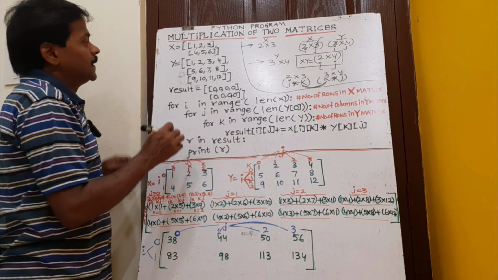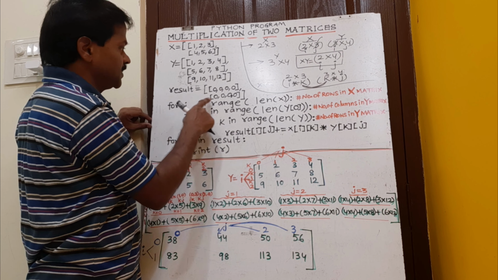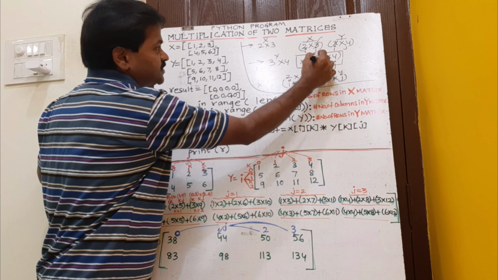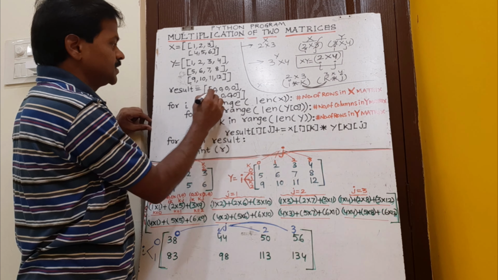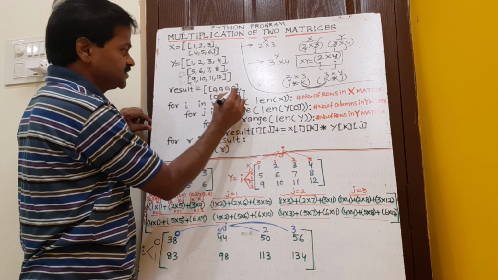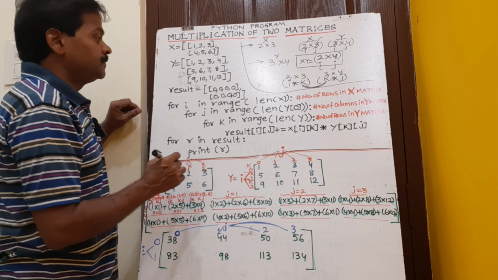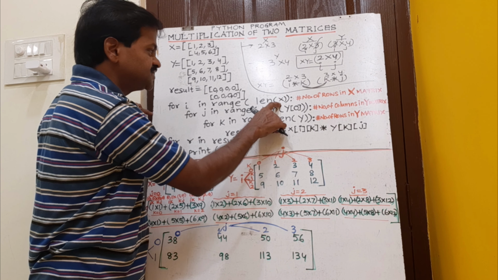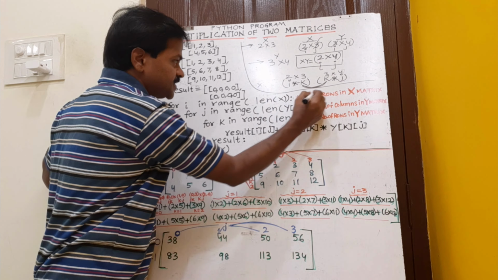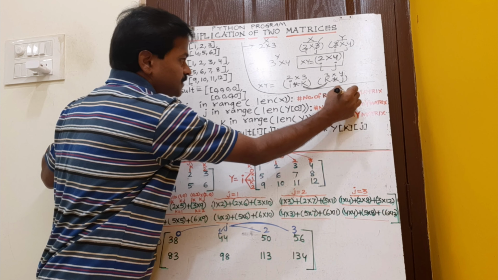Here I initialized the elements for X and for Y. The result matrix, our output matrix, is 2 by 4, 2 rows and 4 columns, which I have given here. For I in range length of X, the length of X represents the number of rows of the X matrix.